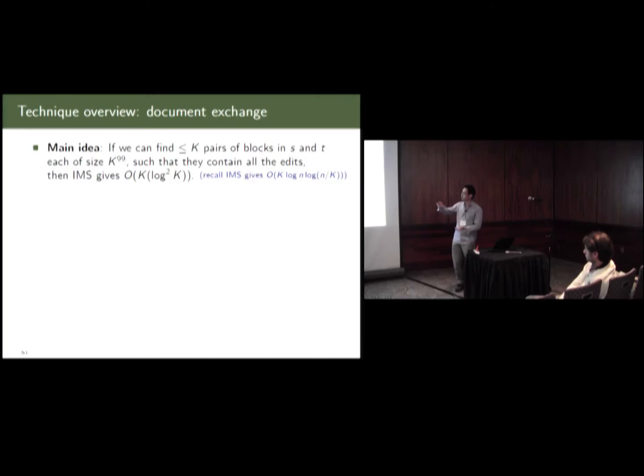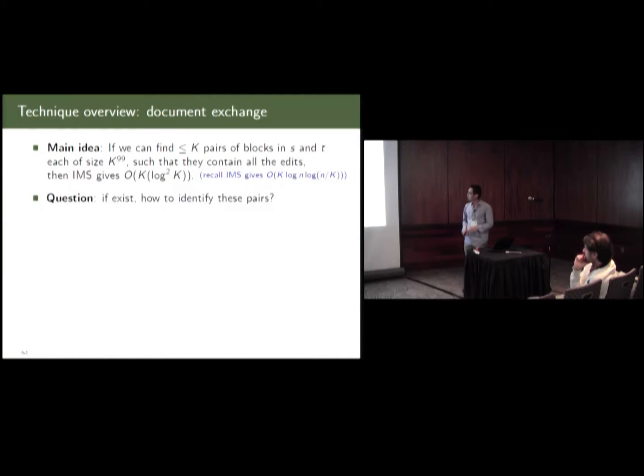If we know roughly where the k edits are located, and we can find k pairs of blocks of size at most k to the power 99 that contain all the edits, then we can just plug in the IMS scheme, which gives a bound like this. This is basically our result. You have a log n factor, but that's something else. So this is the main idea where we start.